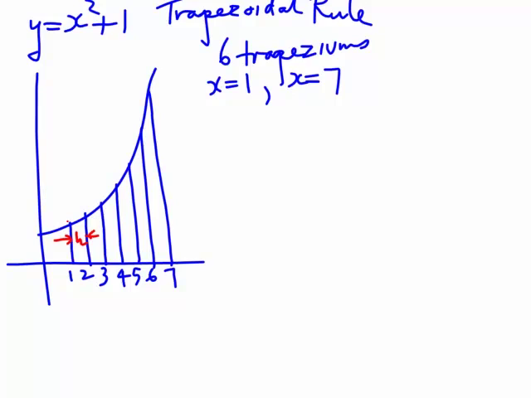Okay, so what are the heights? To work out these heights, you have to sub the x values into the function to get the y values, or the functional heights.